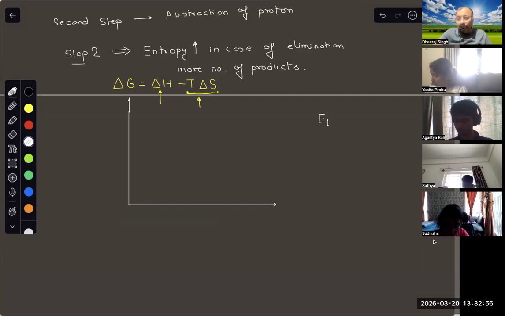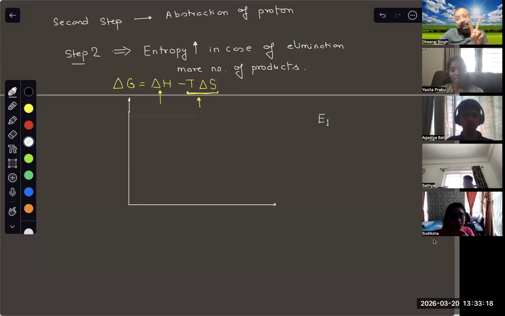Then all of you, in this, how many intermediates are there, assuming rearrangement doesn't happen? Carbocation is the only intermediate. If there is one intermediate, there will be two transition states.